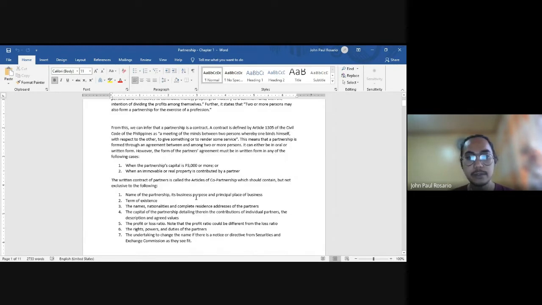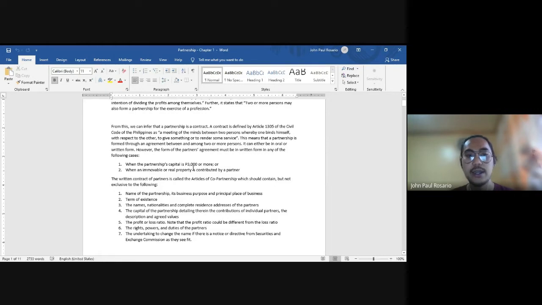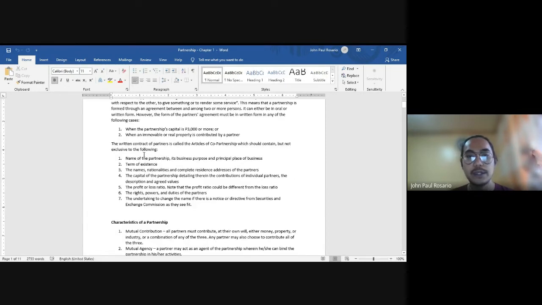Here we have two cases: when the partnership's capital is 3,000 pesos or more, or when an immovable or real property is contributed by a partner. Also written here are the minimum contents of the articles of co-partnership, which is the written partnership agreement.